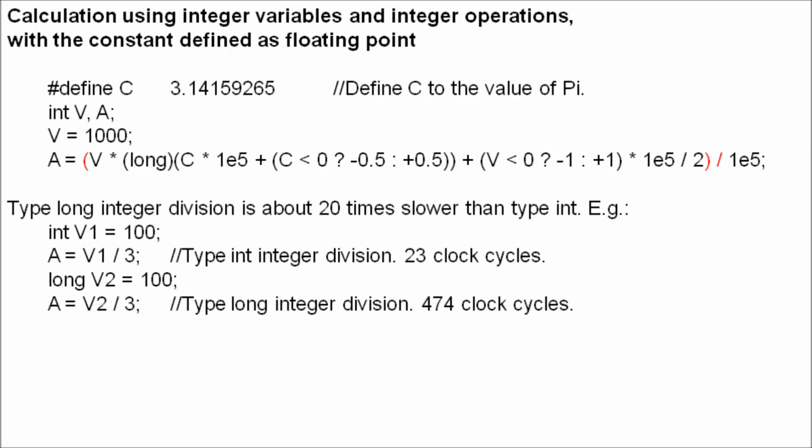Our overall aim was to avoid the poor performing floating point operations and use instead the much faster integer operations. However, type long integer division does require a lot of processing power and has an execution speed similar to floating point operations.